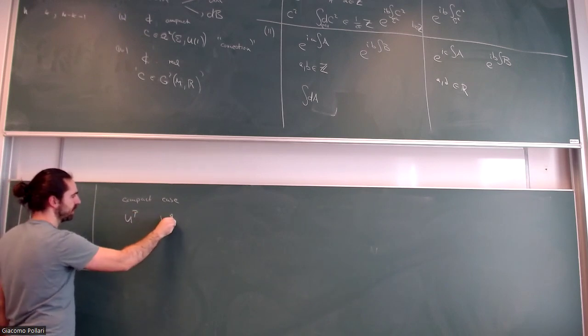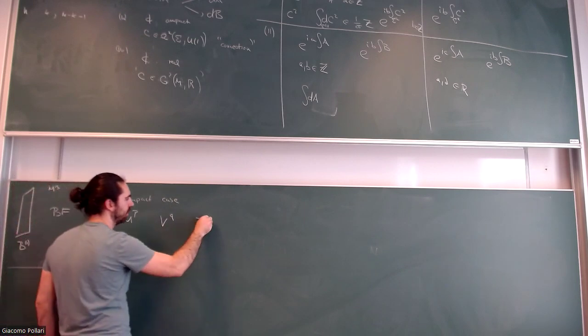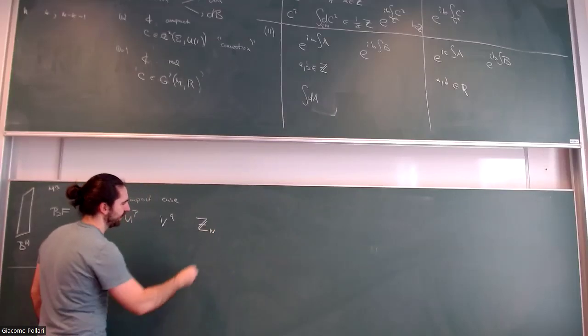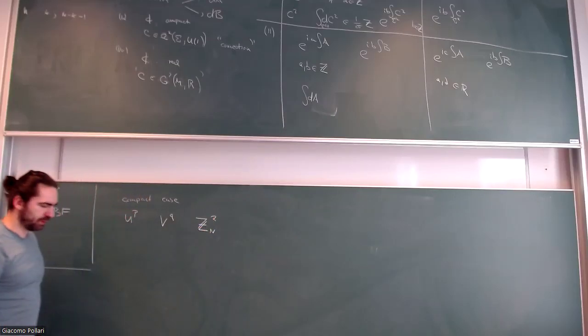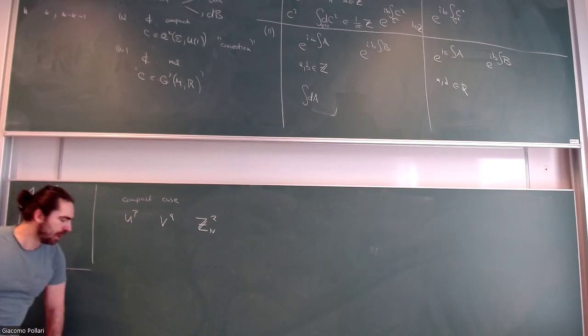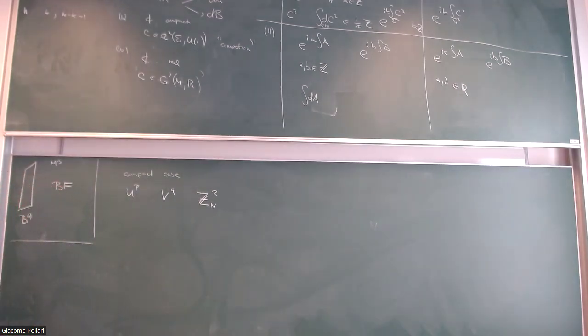They have charges P's and Q's, and they are both in Z_m squared. Right? So there are two simple types of boundary conditions which I can implement. Let's do the one-form case now.